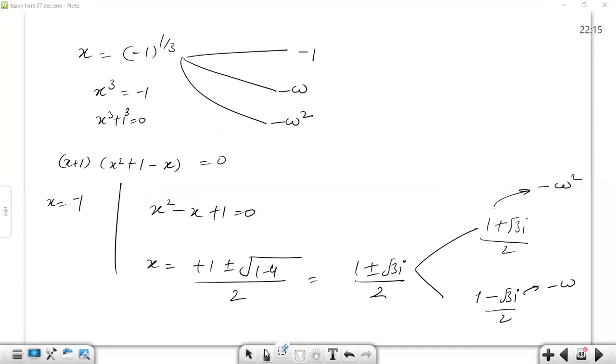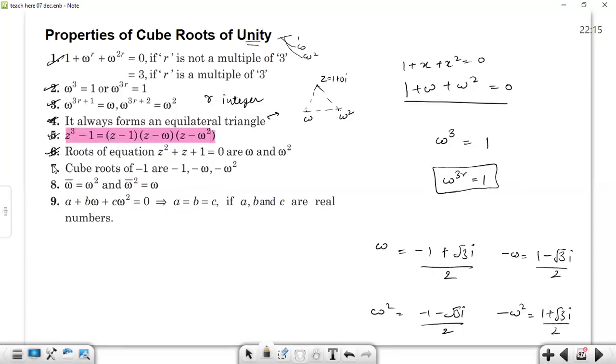Okay, I guess no. So this property is also clear. The conjugate of omega: conjugate means when we change the sign of the imaginary part. Now the imaginary part sign is plus here, so if we take its conjugate, its sign is going to change.